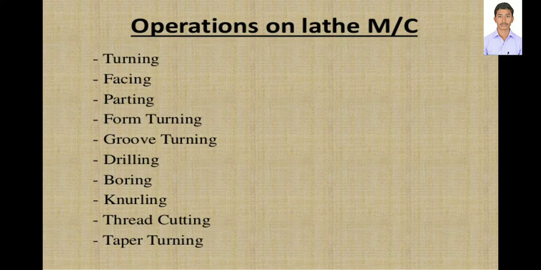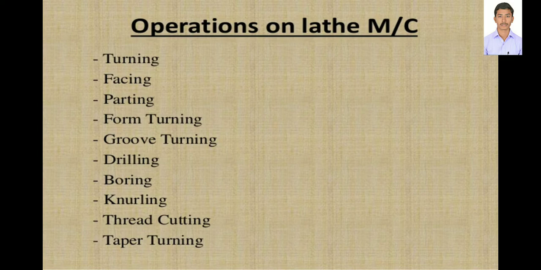Many lathe machines are available nowadays, but we perform different operations on one machine. Depending on our work requirement, the size, shape and type of lathe machine are chosen for the lathe operations.